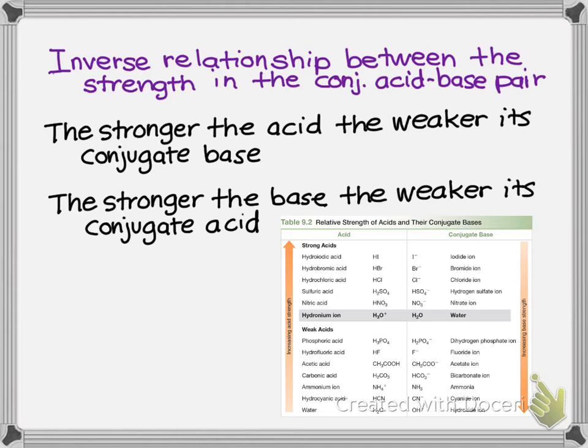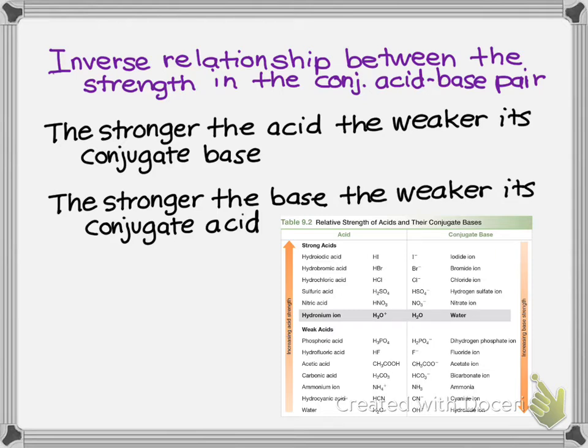Now the relationship. We know from the previous lesson in this chapter that when an acid donates its proton, the product it forms is called a conjugate base. And when a base accepts a proton, the product it forms is called a conjugate acid. Those are what we call conjugate acid-base pairs.